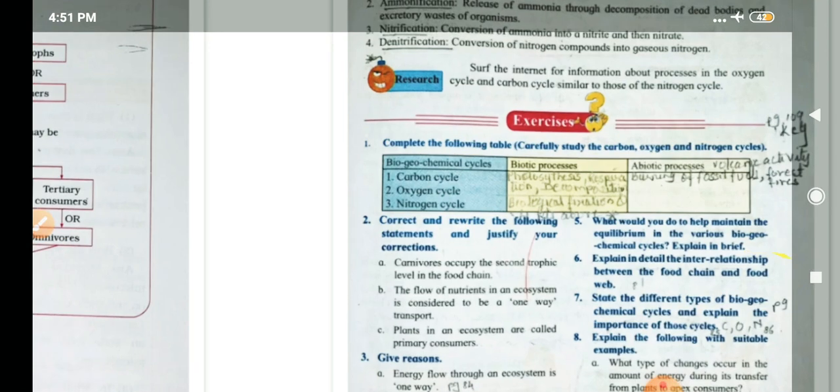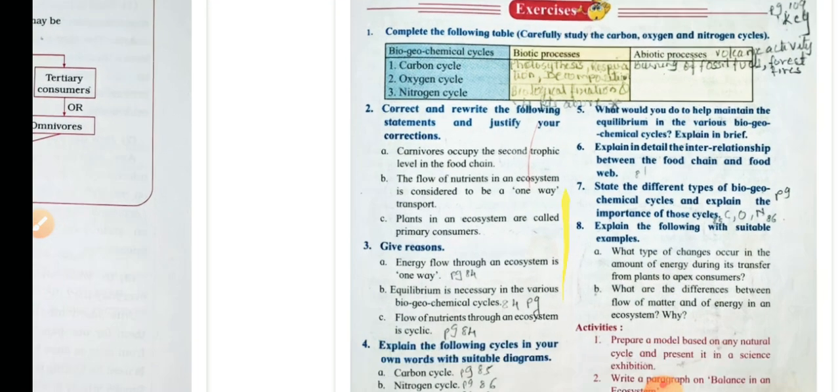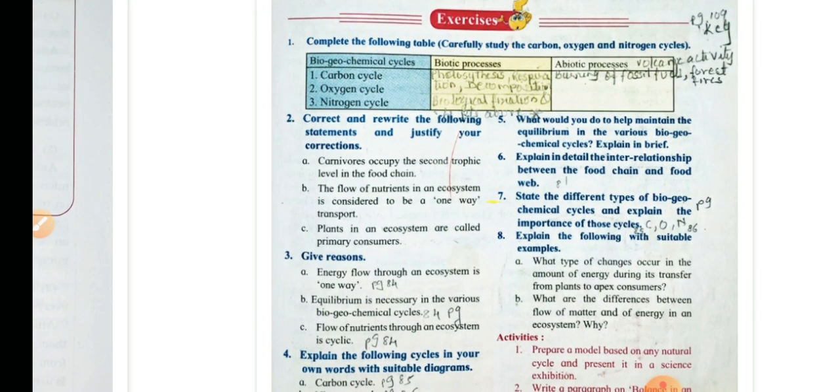So now let us go to the exercise. The first question is, complete the following table. Carefully study the carbon, oxygen and nitrogen cycles. First, biogeochemical cycles, second biotic processes, and third column is abiotic processes. Carbon cycle, biotic processes occurring are photosynthesis, respiration and decomposition.